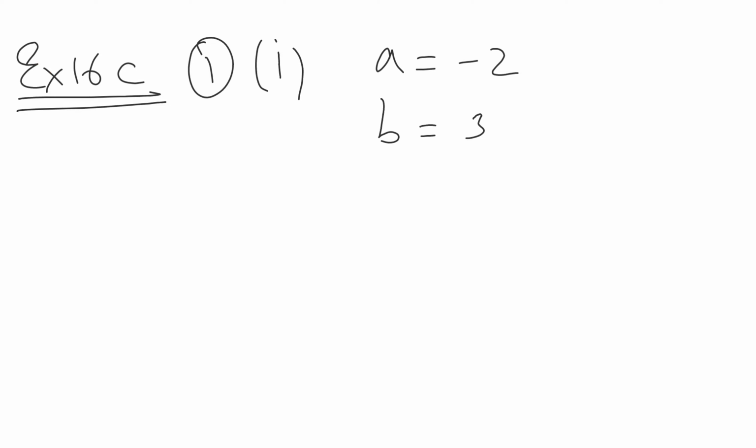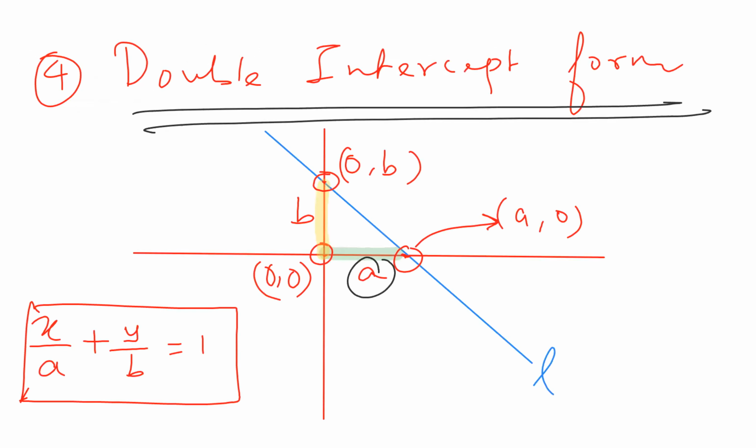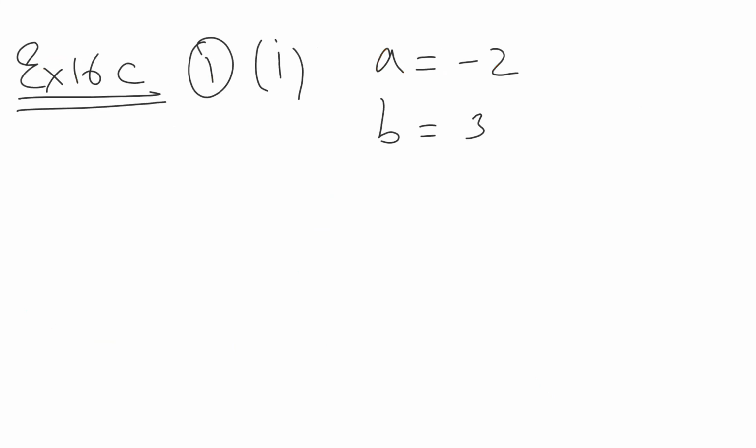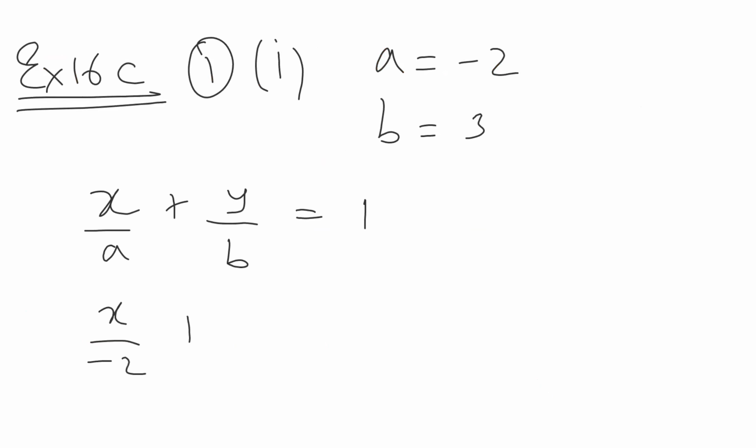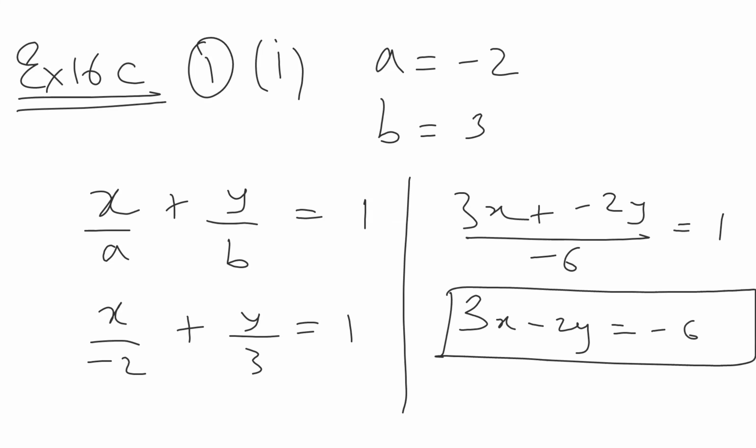We have to write down the equation of the line using double intercept form: x upon a plus y upon b is equal to 1. So x upon -2 plus y upon 3 is equal to 1. So 3x plus -2 into y, over -6, is equal to 1. So 3x minus 2y is equal to -6. This is the equation of the line.